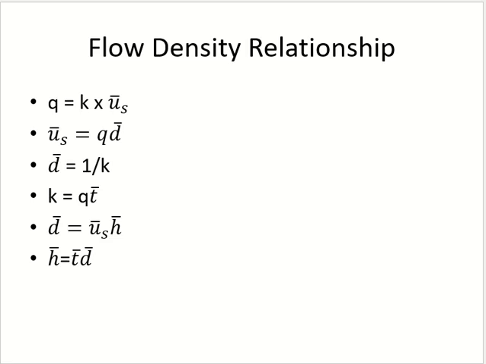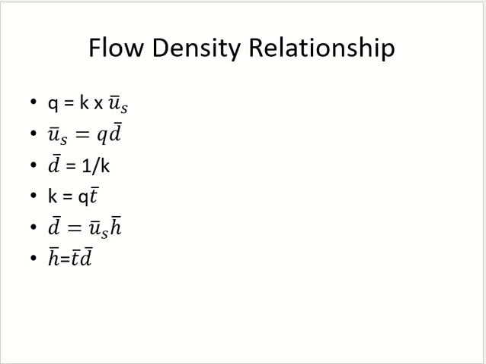The first equation which you see is called the basic equation of traffic flow. This is the core, the root of traffic flow theory, which is flow equals k into mean speed. Now we are saying mean speed is us. We have two mean speeds, right? Which mean speed is us?